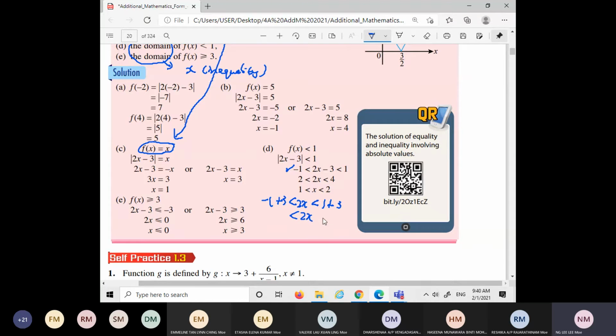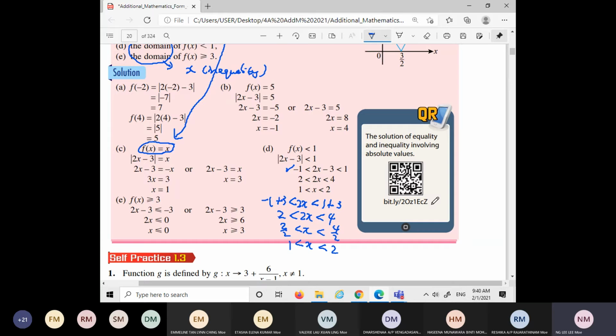So 3 plus 1 is 4, 3 minus 1 is 2. Next step, 2x means 2 times x. Times, move to the other side, is divide. So divide both sides: 4 divided by 2, 2 divided by 2. So this is 2 and this is 1. This is how they get the answer.